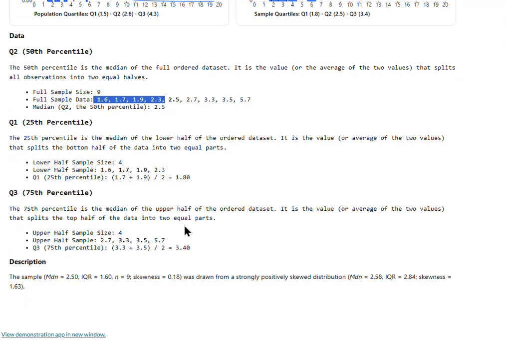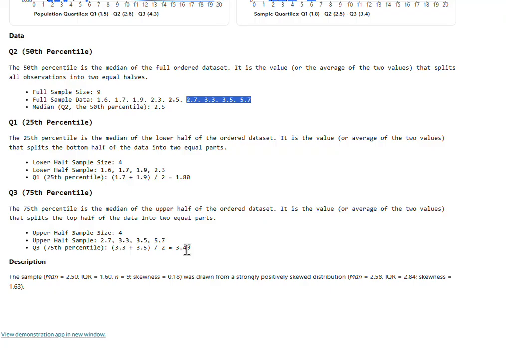So that's 1.8. The 75th percentile is found by taking the upper 4 of those values, in sorted order, taking the middle 2 values, 3.3 and 3.5, adding them together and dividing by 2 to get their average, which is 3.4.